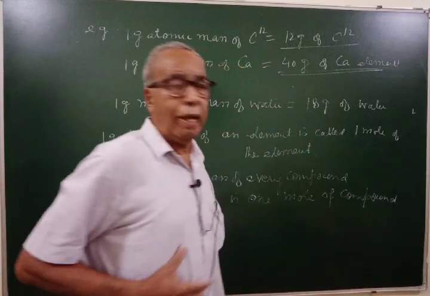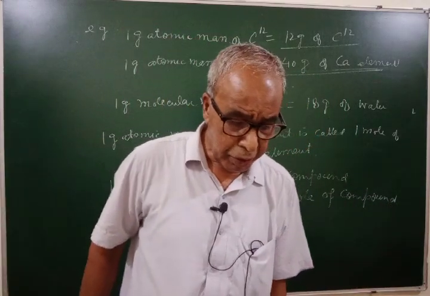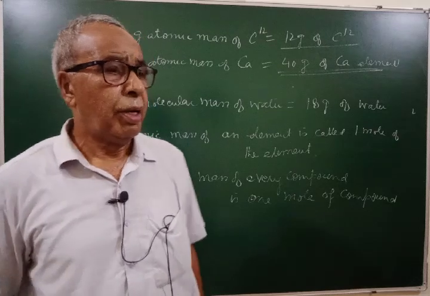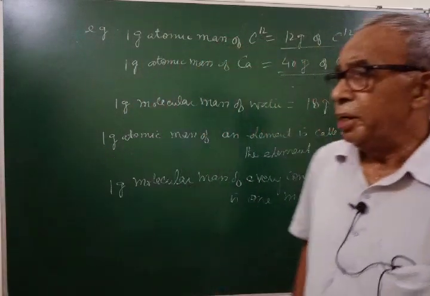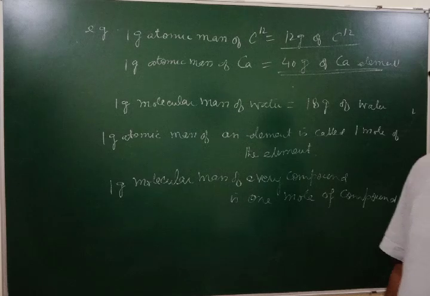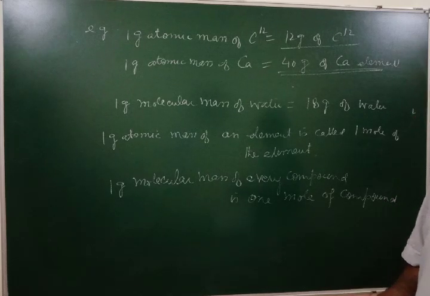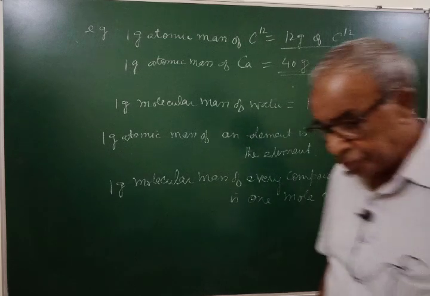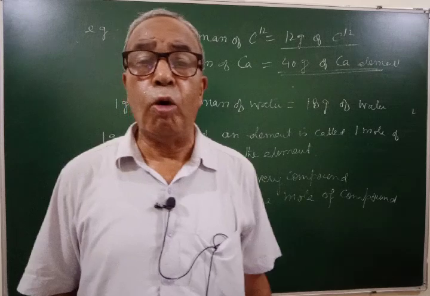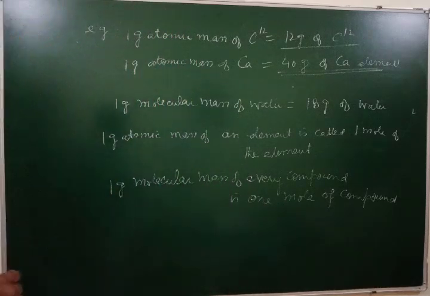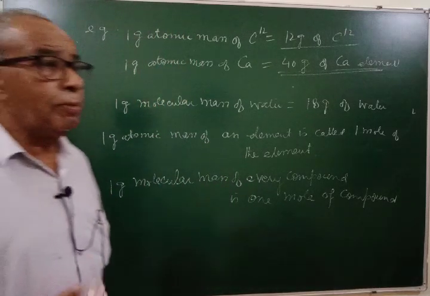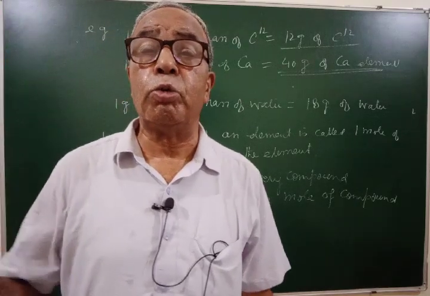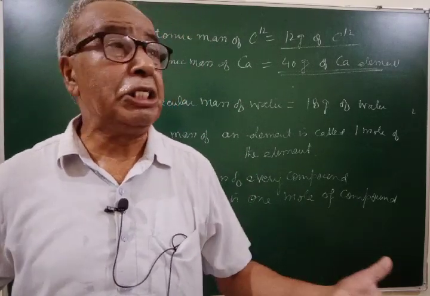I am sorry to say, I have read many books, and in some books of very good, very popular, or I should say experienced authors, I find this definition of mole very incorrectly given. Generally, they say the collection of 6.023 times 10 to the power 23 entities.